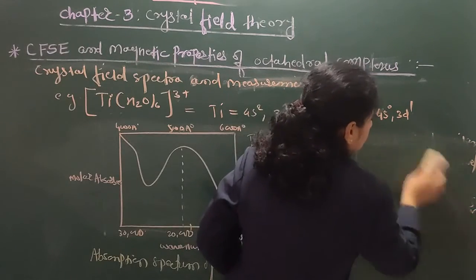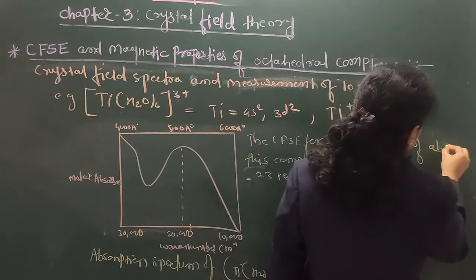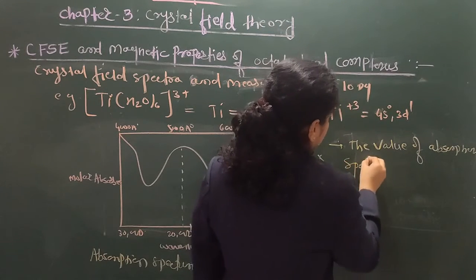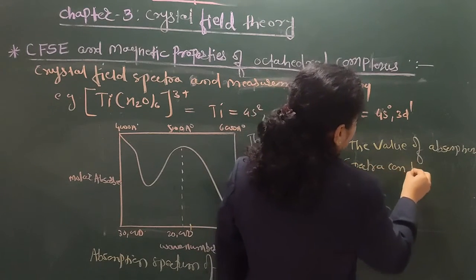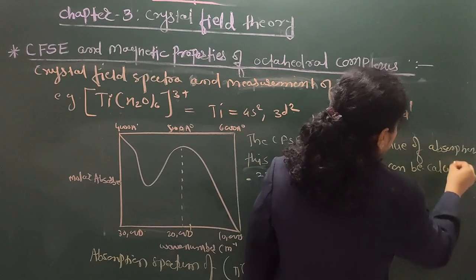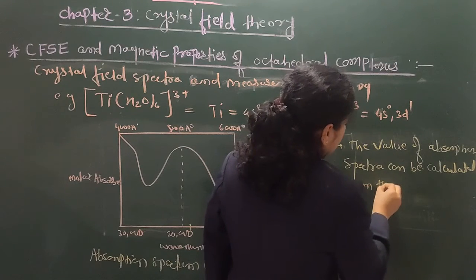As we know, the value of 10 Dq can be calculated from the absorption spectrum.